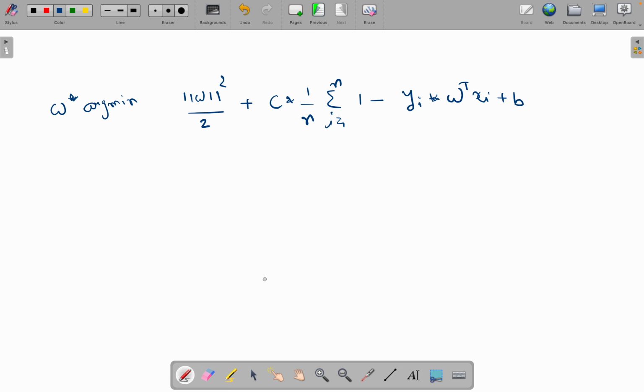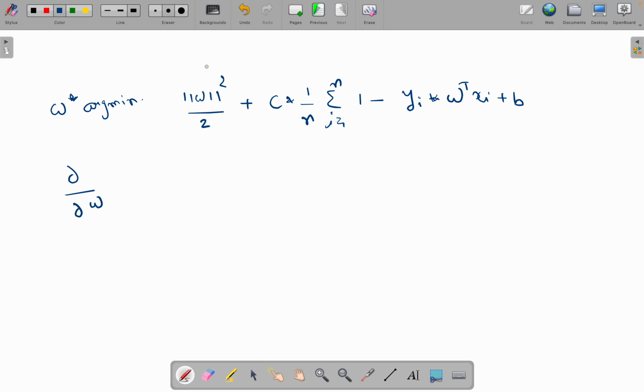Now we need to find the derivative with respect to W and b. It will help us to apply gradient descent. So we need to differentiate with respect to W.